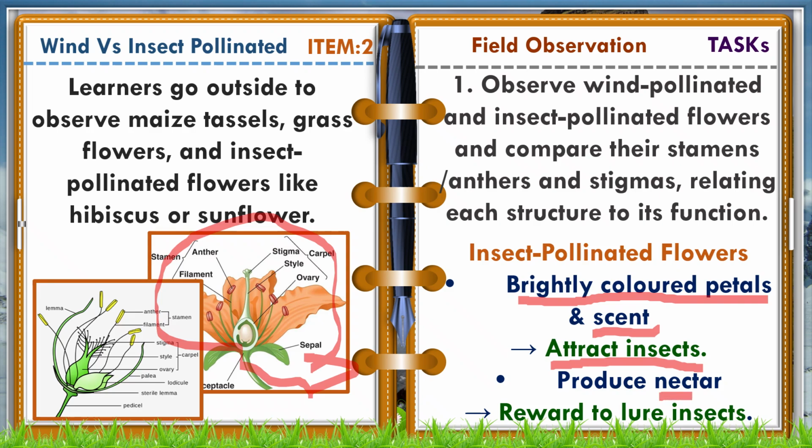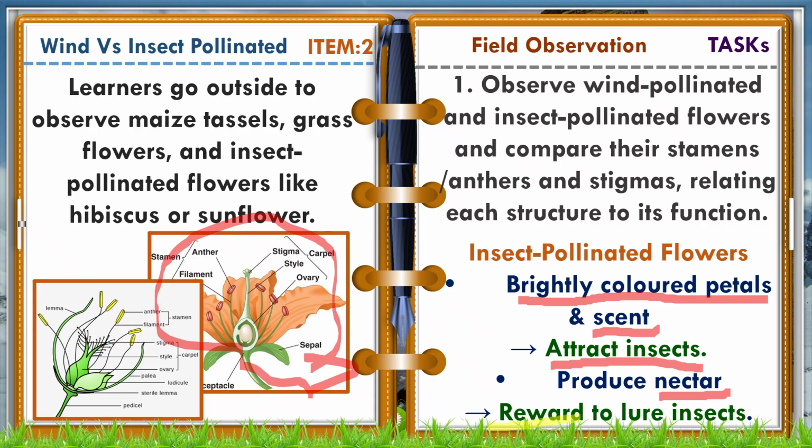Secondly, they produce nectar. So when the insect is moving down, it picks nectar. And as it is coming back, it picks pollen. And as it lands on the stigma, it brushes pollen onto the stigma. So the nectar is like a reward.